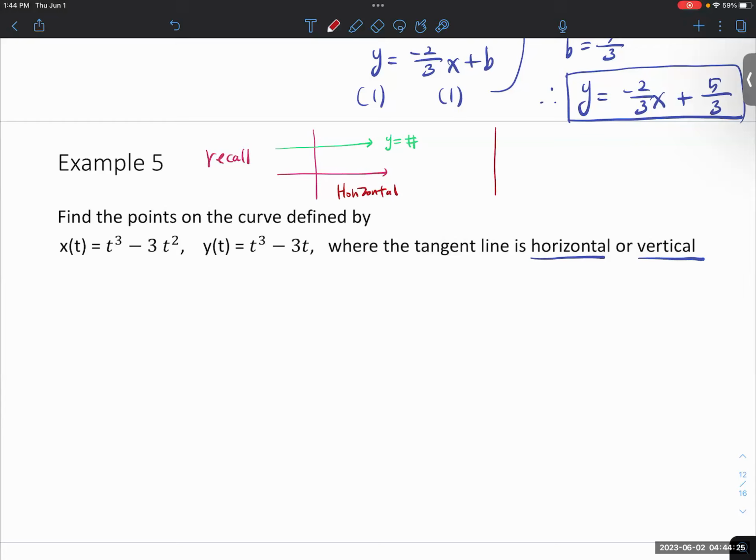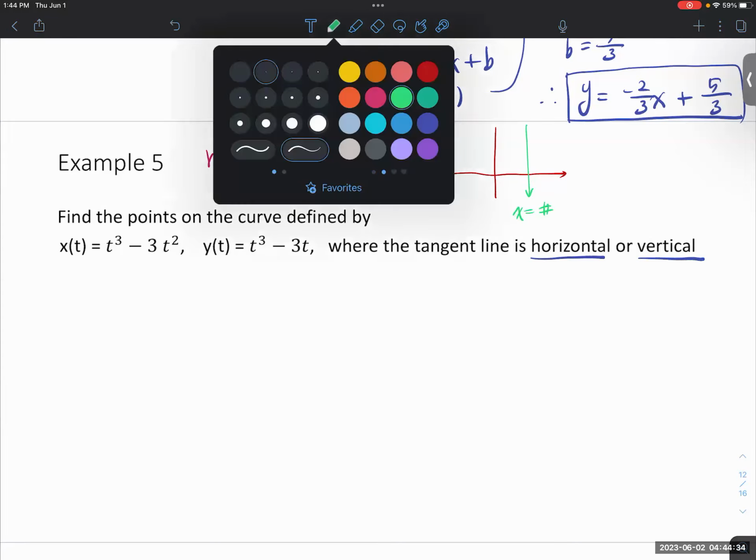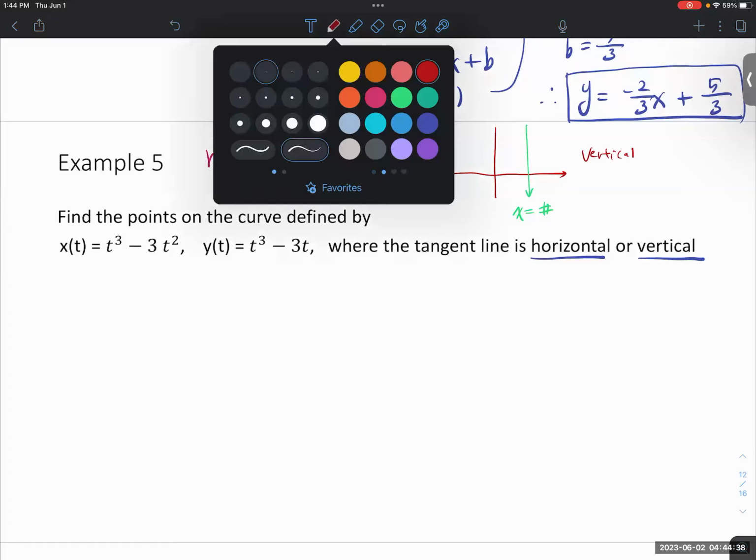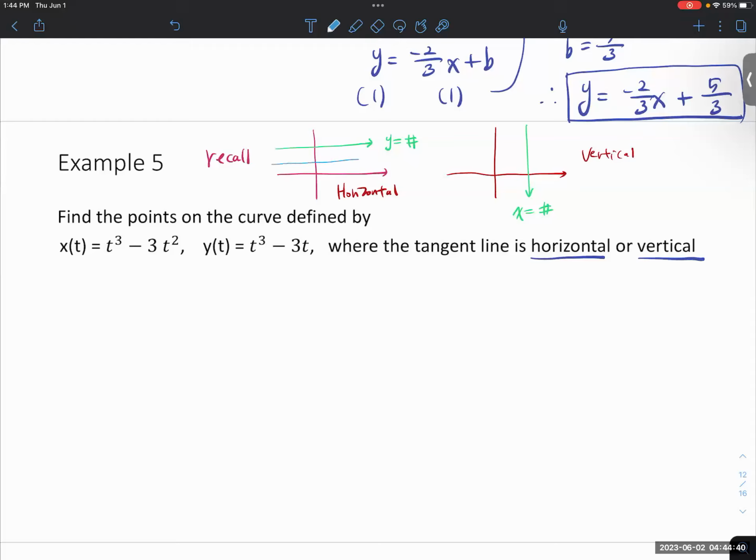And if you have a vertical line, it passes through the x-axis, so x equals something; that number is going to be the vertical line. For example, y = 2 is a horizontal line, and x = -2 is a vertical line, okay?